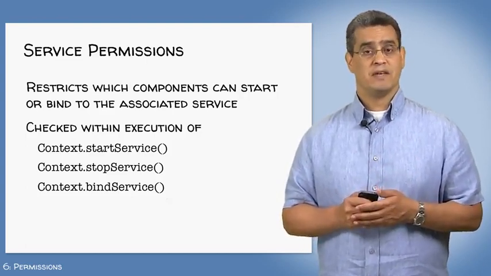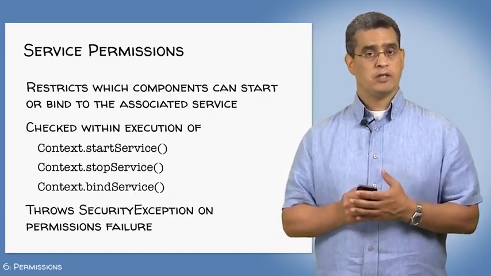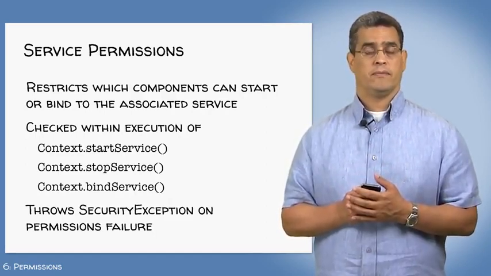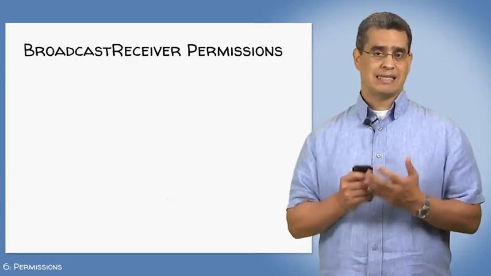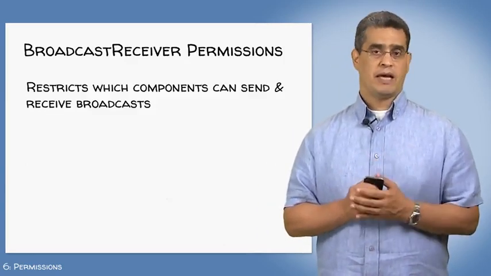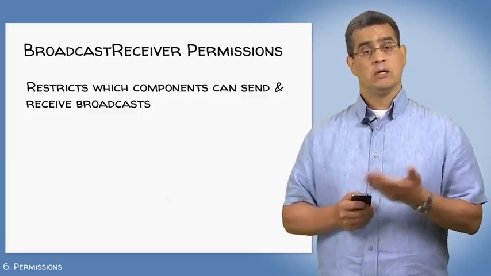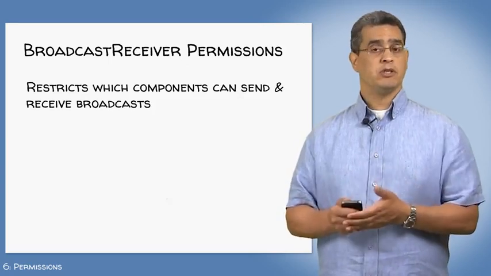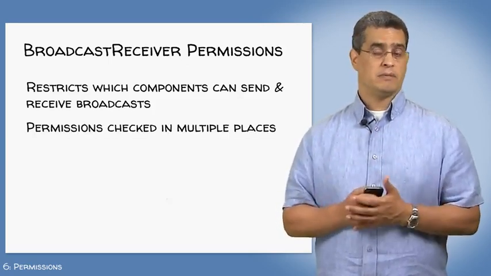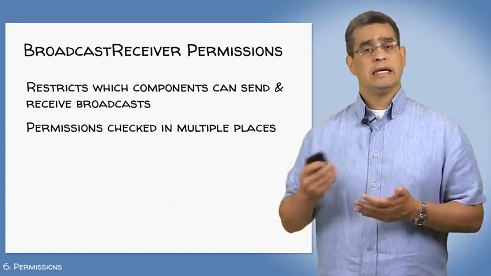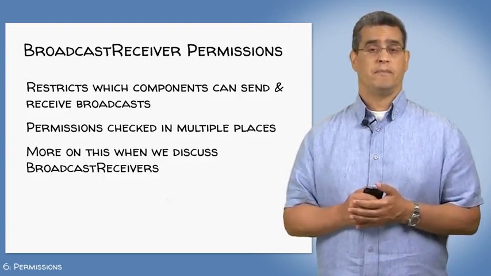And just as with activities, Android will throw a security exception if required permissions are missing. Broadcast receiver permissions restrict which components can send and receive broadcasts. Again, we haven't talked about broadcast receivers very much yet, so at this point, I'll just say that these permissions are checked in a variety of different ways at a variety of different times. We'll talk more about this in later lessons when we discuss broadcast receivers in more detail.